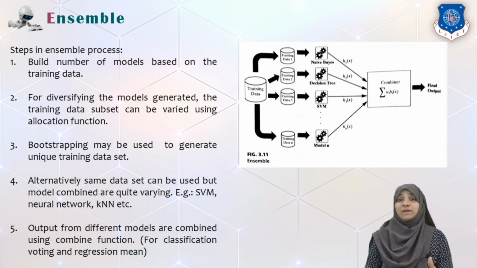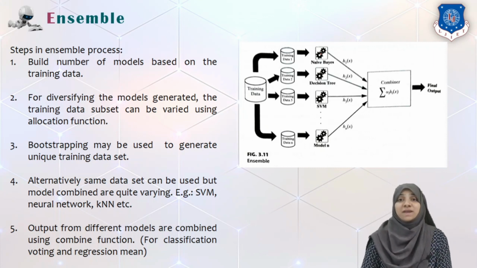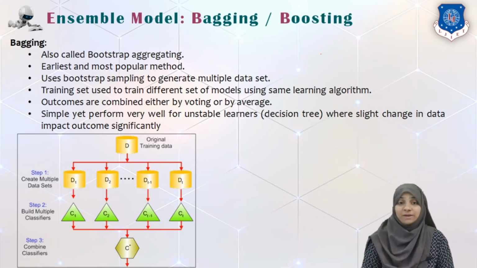That means out of 3 different classification models, 2 are saying that class A should be our target class and 1 is saying B should be our target class. We will take the vote of the maximum: since 2 classifiers say the target class is A, the final target class is A. So the combiner also varies from model to model. Whether we are building a regression model or a classification model, our combiner function will be different, and for clustering and for association, it would be completely different.